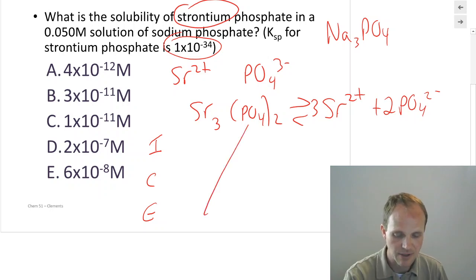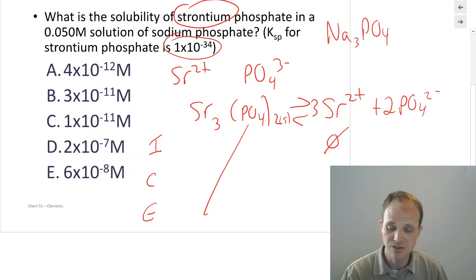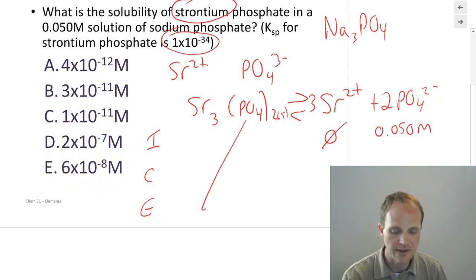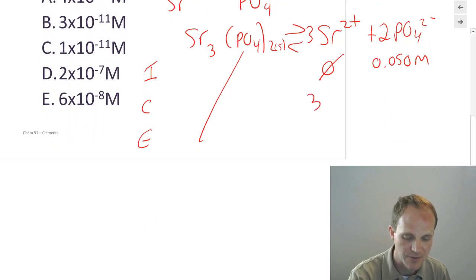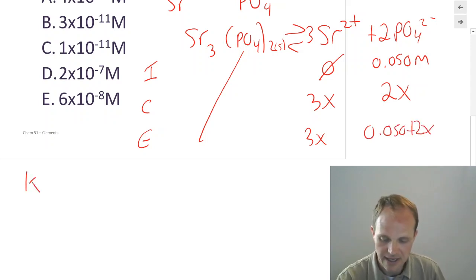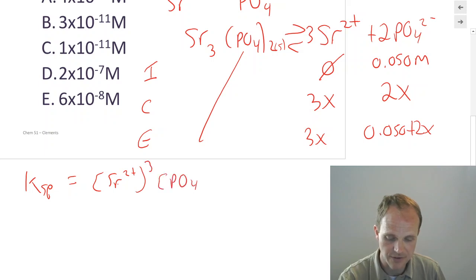So my ICE table, I don't care about my solid. I don't have any strontium, but I do have 0.050 molar of my phosphate in there. I'm going to make 3x of this. I'm going to make 2x of this. I get 3x. I get 0.050 plus 2x right there. My Ksp is going to be the concentration of strontium 2 plus cubed, the concentration of phosphate 3 minus squared.